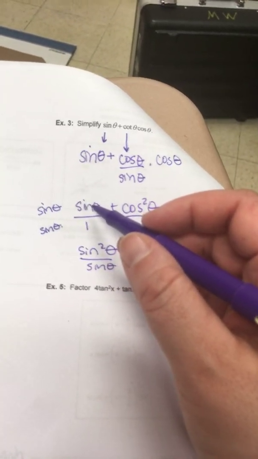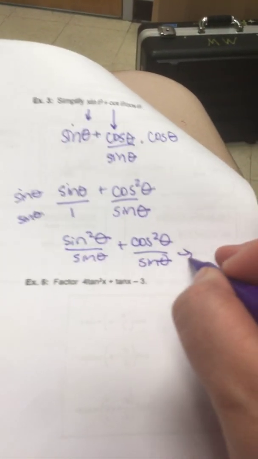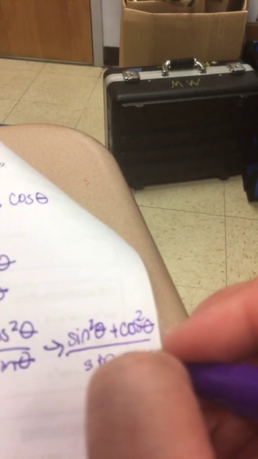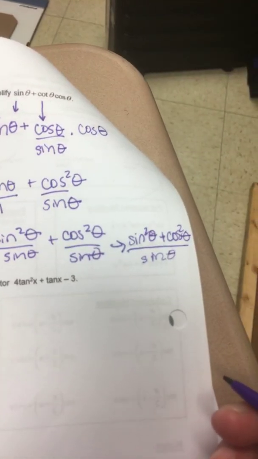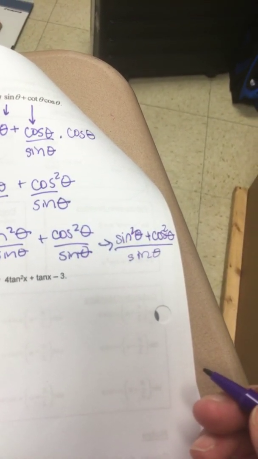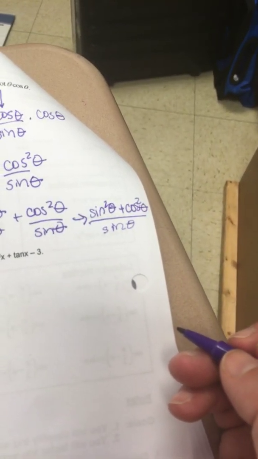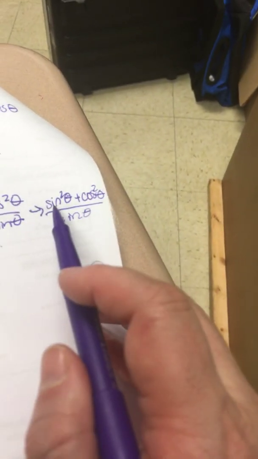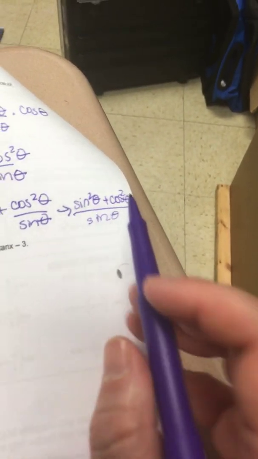Now don't simplify this one, because I'm going to go back to what I started with again. So combine them into one fraction: sine squared theta plus cosine squared theta over sine theta. Now, I am venturing out of those first two boxes a little bit. When you see something like sine squared plus cosine squared, if you ever start seeing a 1 as something squared plus something squared, that's a big hint.